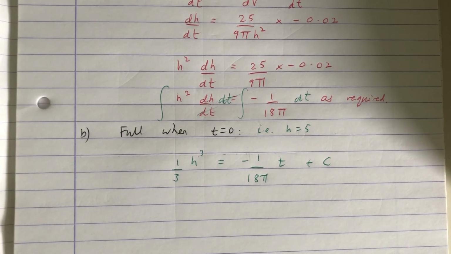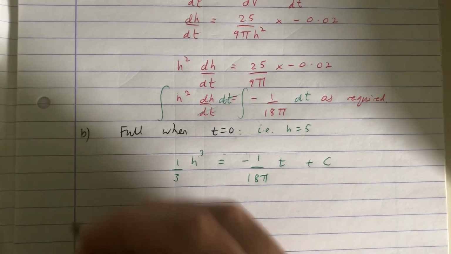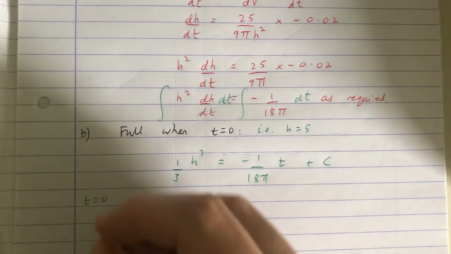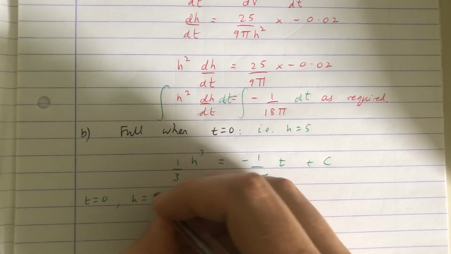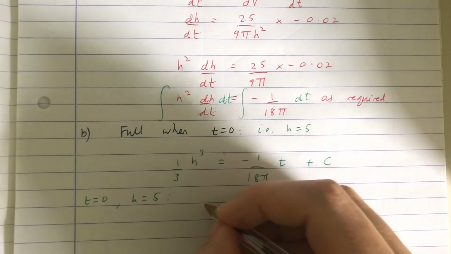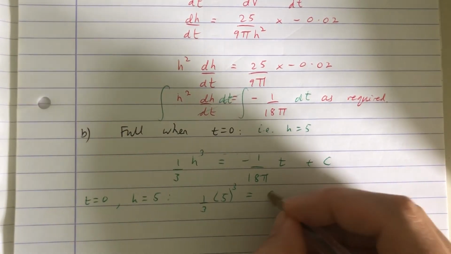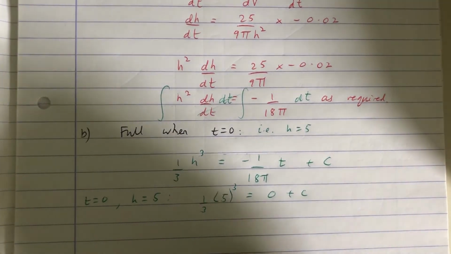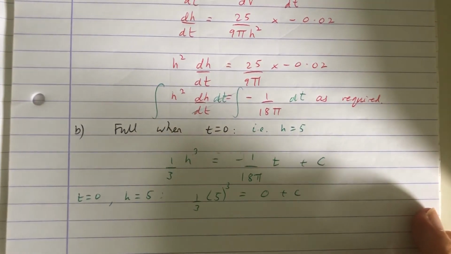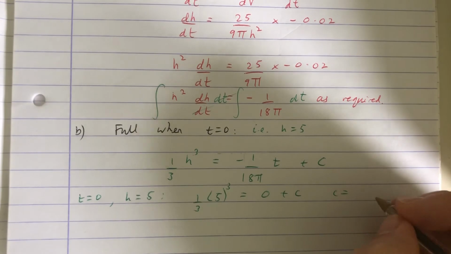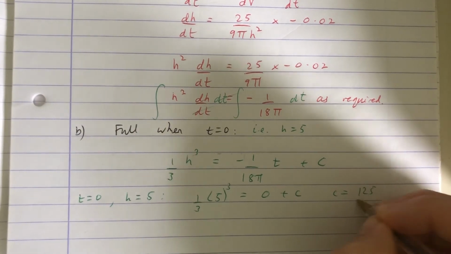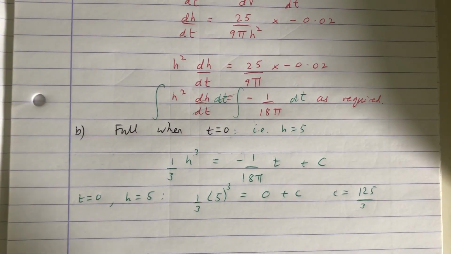And then you can work out the plus c using that initial condition. When t is equal to 0, h is equal to 5, which means 1/3 times 5 cubed is equal to 0 plus c, to give you c is equal to 125 over 3.